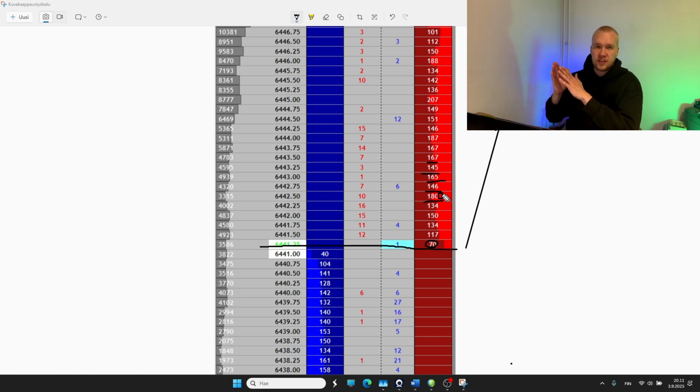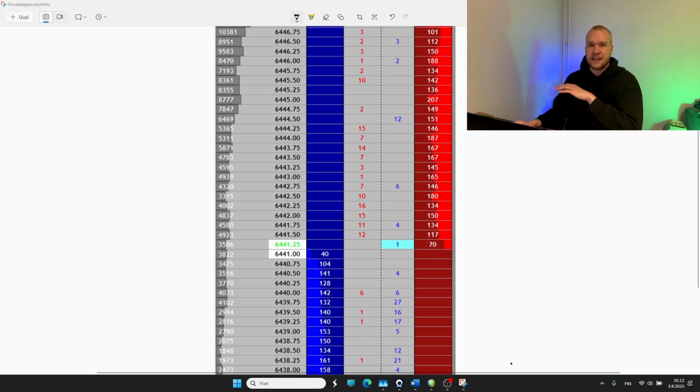In the cumulative delta, we see all these buyers coming in, but the price isn't going up. People are buying the market, but the levels aren't being cleared. And in order for price to go up, each level has to be cleared. So that is a very quick explanation of what absorption is.